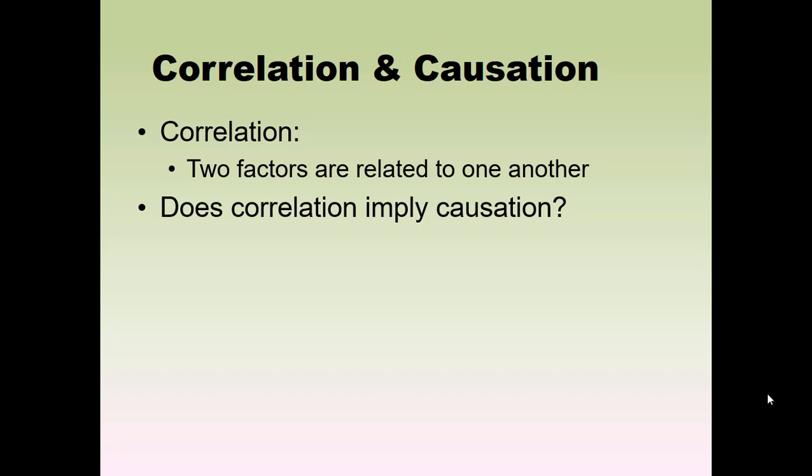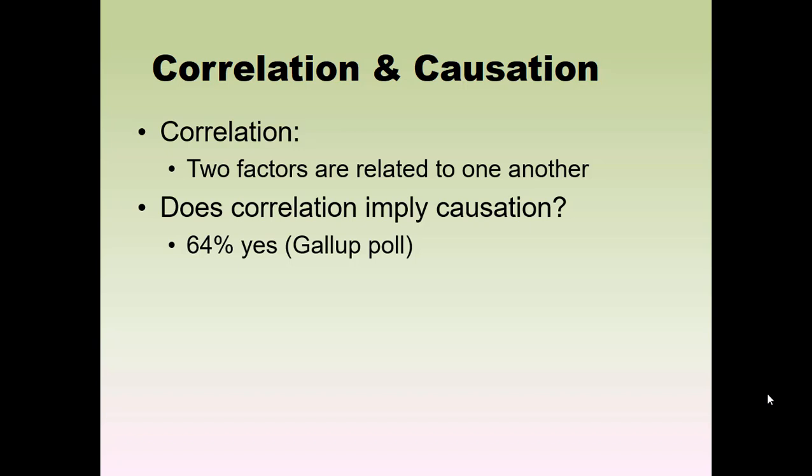Okay. In a poll done of the American populace, 64% of Americans said yes, that is indeed the case. And I can tell you that 64% of Americans are wrong. Okay? Just because two factors are correlated does not mean that one of those factors caused the other.